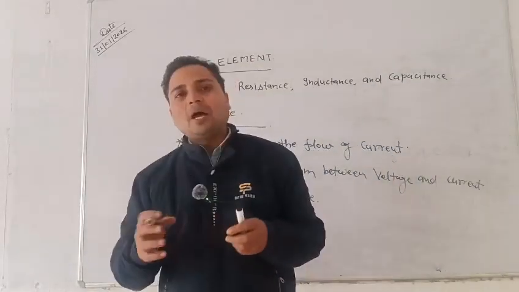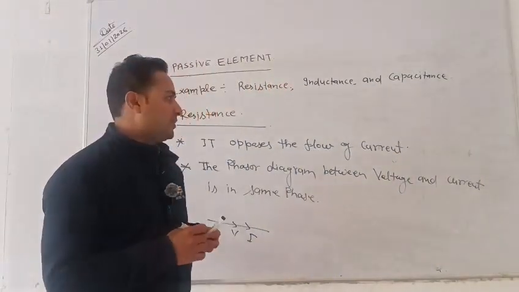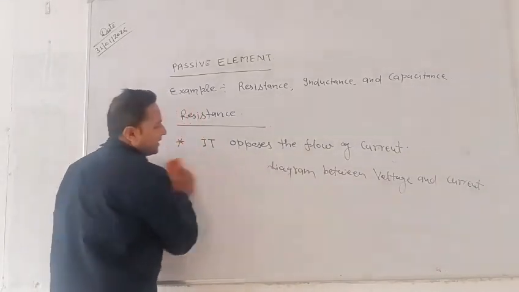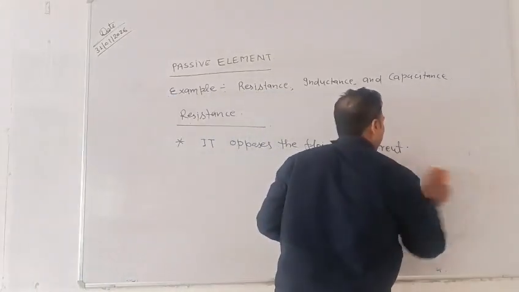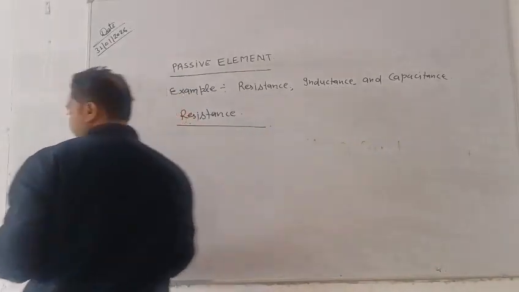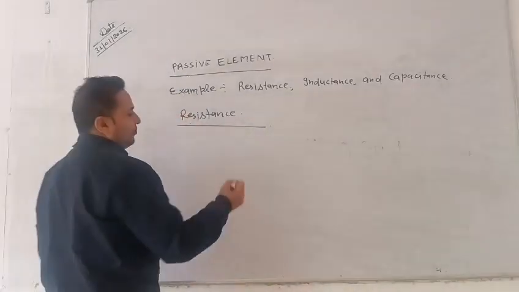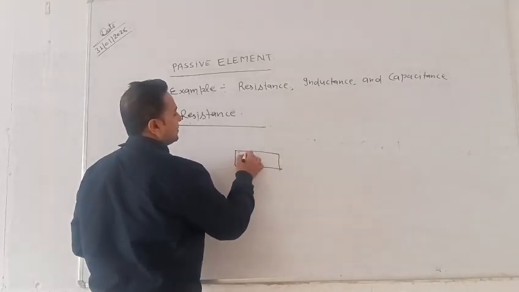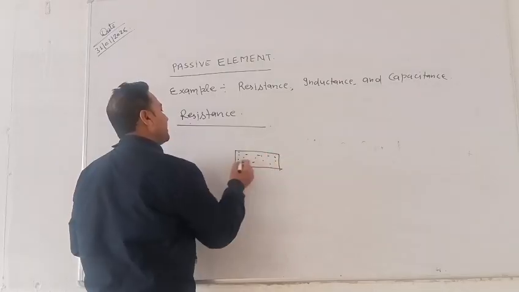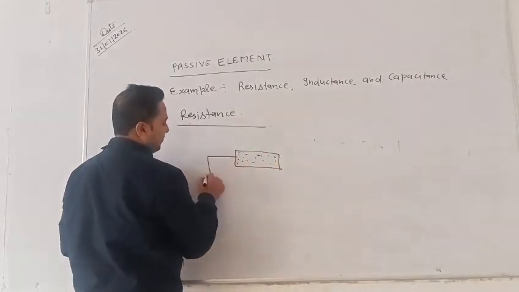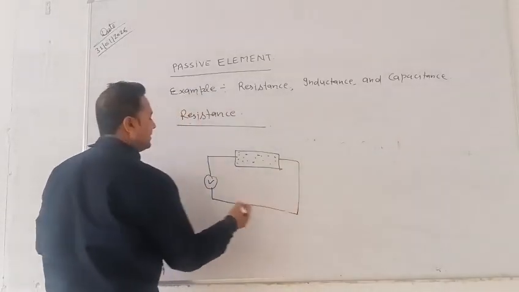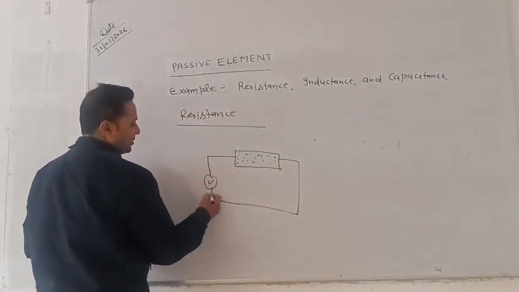How does it oppose the current? We can see here. Let's take an example. We can take atoms, built up of various molecules.